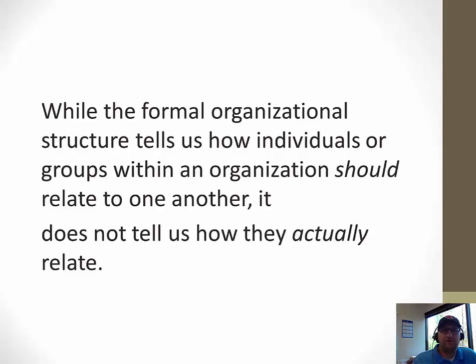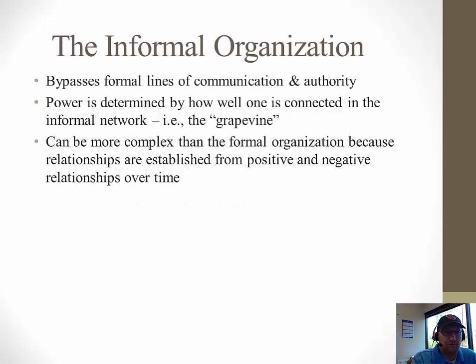While the formal organizational structure tells us how individuals or groups within an organization should relate to one another, it doesn't tell us how they actually do. That's why we want to study this a little bit more closely. The informal organization is what you would find that's not on the organizational chart, right? It bypasses the formal lines of authority.